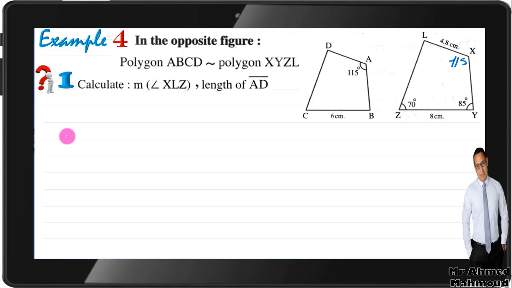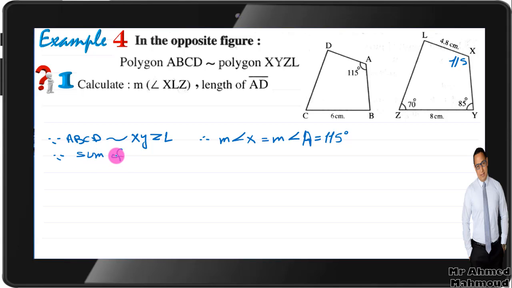Okay, since ABCD is similar to XYZL, therefore the measure of angle X equals the measure of angle A, equals 115 degrees, since the sum of the angles of the quadrilateral equals 360 degrees.